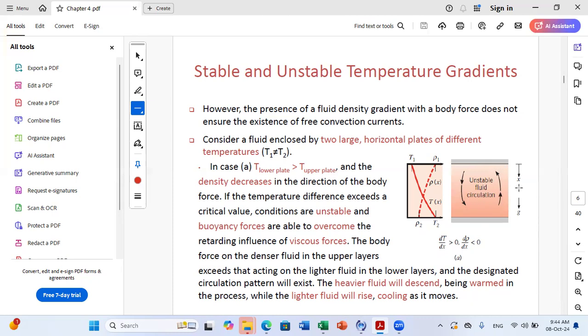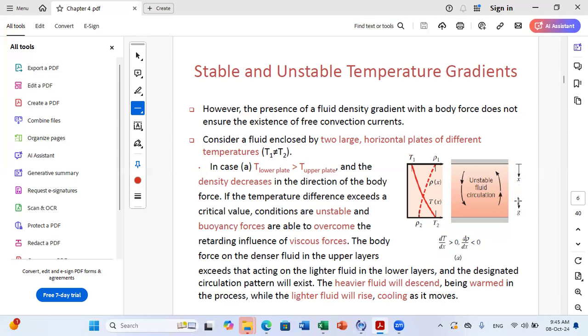This is why we say that if you want air motion by buoyancy effect, we have a condition. We should have not only temperature difference, the temperature difference should be opposing the gravitational field. And here gravity is downward.